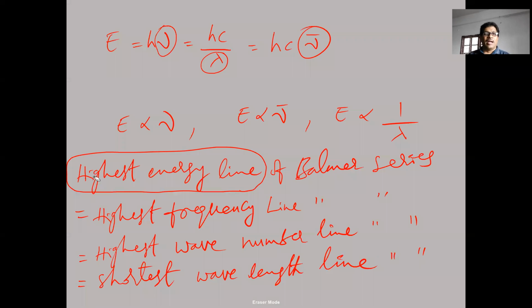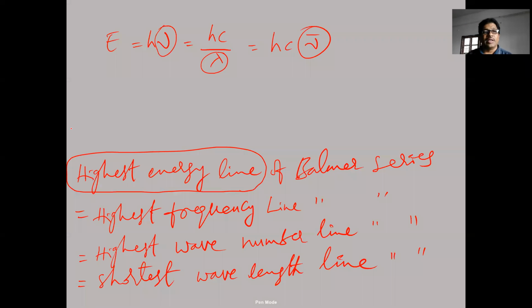All are the same here: highest energy line or highest frequency line, otherwise highest wave number line or shortest wavelength line. All these are related to what? The infinity line. In all these cases, what have we taken, the infinity line or the first line?